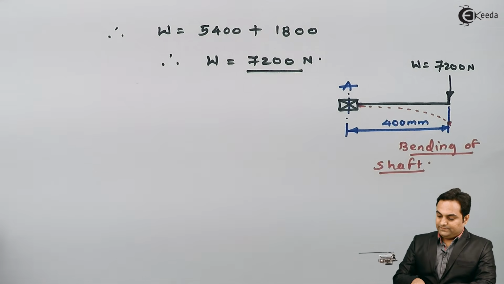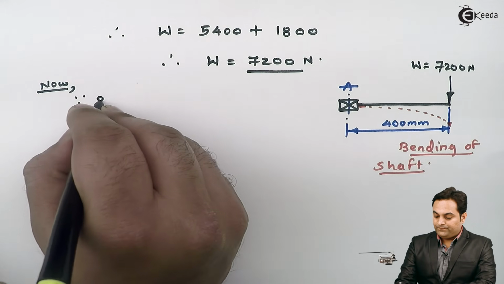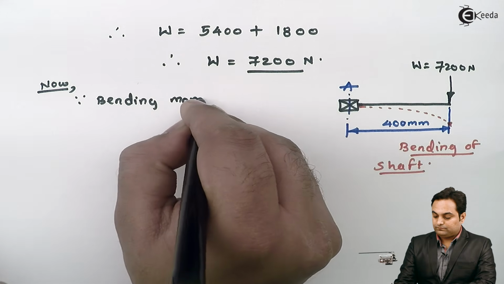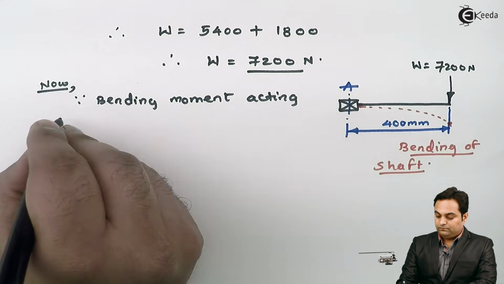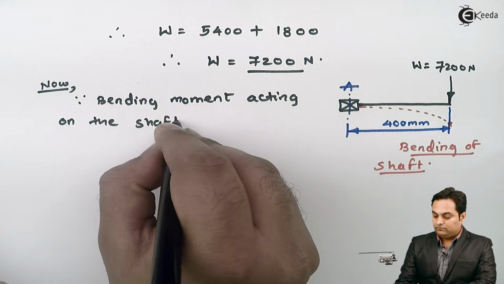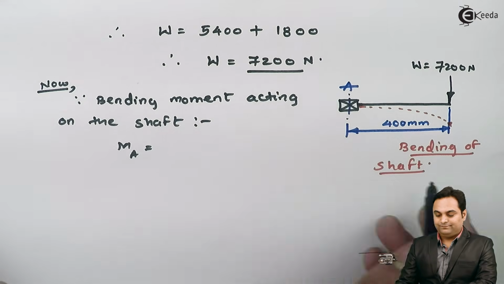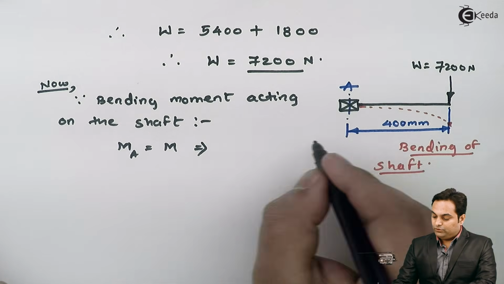Now, since there is a bending moment acting on the shaft, that will be the moment at A, I'll write it as M, and that is W into 400.